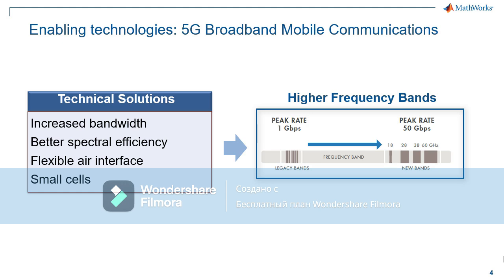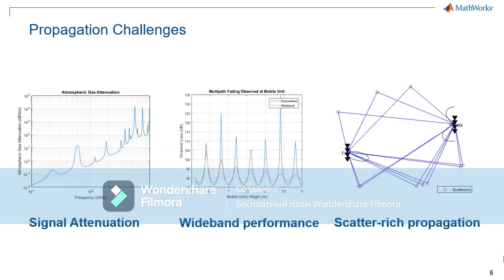Instead of working at the typical below 6 gigahertz frequencies in 4G and earlier cellular communication systems, we're going beyond 6 gigahertz, to millimeter wave. By using that, you have large swaths of bandwidth available, and you can essentially achieve the high throughput you want. Now, all these things are not without challenges.